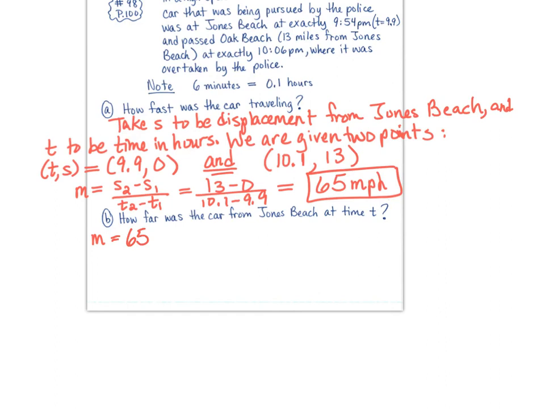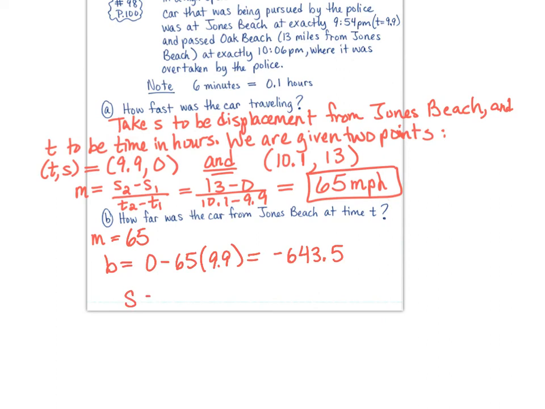So B would then be equal to 0 minus 65 times 9.9. What did you get to the nearest tenth? Negative what? Good, 643.5.